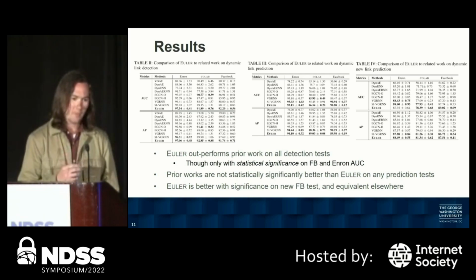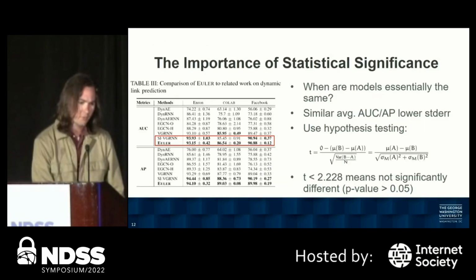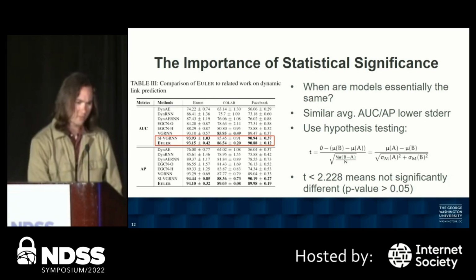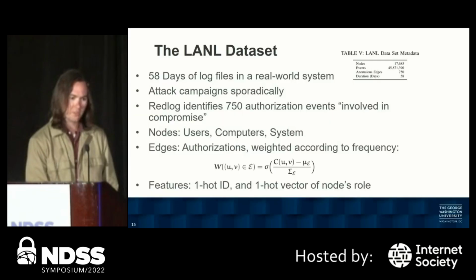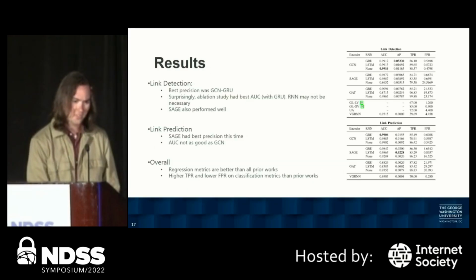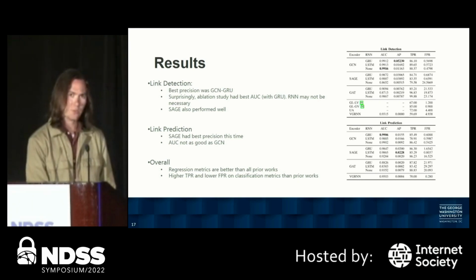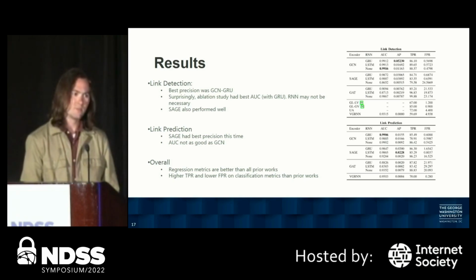But in general, Euler and VGRNN perform about similarly on detection, whereas on the cybersecurity data sets they performed less similarly. I guess that's one difference between them, but other than that, it's kind of hard to compare. Okay.